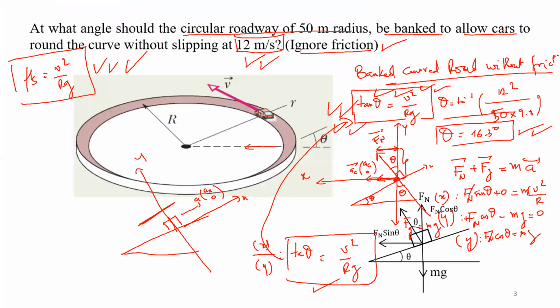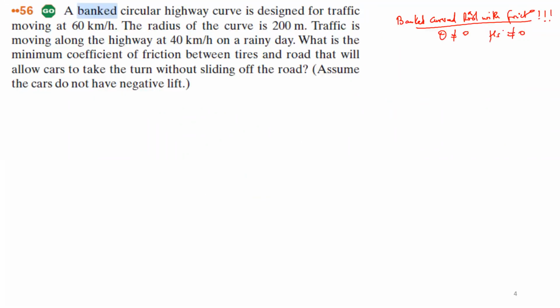So basically this is the first two problems combined in one. It's circular, it's banked, but also I have friction. So let's read it carefully. Always read the question carefully. Okay? Because we are in physics, we are not in maths. I can change the word, it can change the entire scenario. So read carefully and you solve.